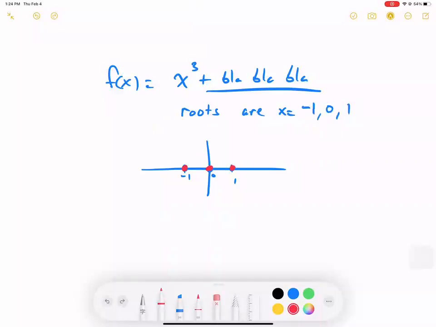All right? So what does the graph look like at the end behavior? Well, all you have to do now is look at the front guy, the biggest bully. If I give you a huge positive number, 10, what's 10 times 10 times 10? What is positive times positive times positive? It will stay positive.